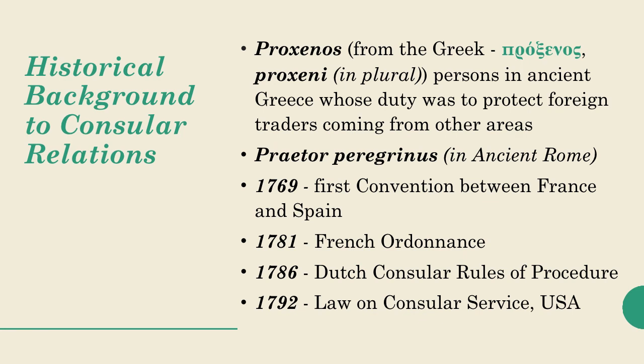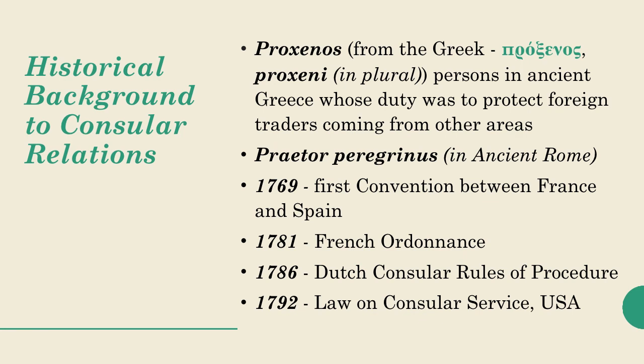Since the proxenos was appointed by a foreign country among the subjects of the receiving country, the sending state could not, therefore, require this person to be loyal and obedient, whereas the receiving country could apply a measure of coercion to him as to its subject.